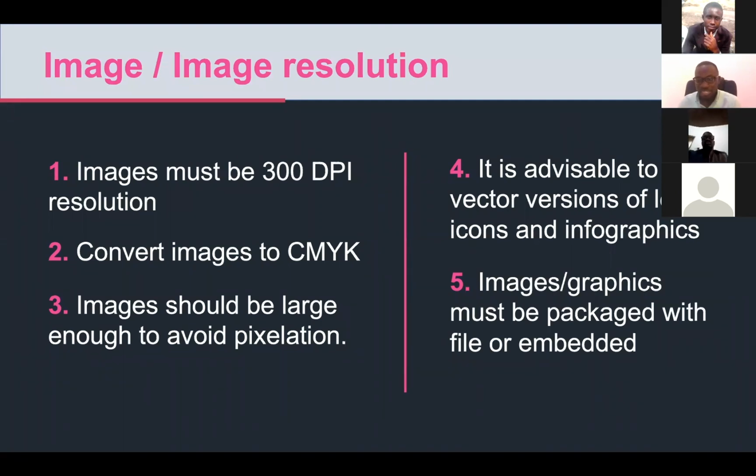Number four, it is advisable that you use vector versions if you are dealing with a logo, icons, and infographics. So if you are doing a business card, a flyer, anything, usually the logo, the icons, the infographics you use for your design, make sure that they are vectors. Vectors are the kind of files that usually you can produce with Adobe Illustrator and CorelDRAW and all.